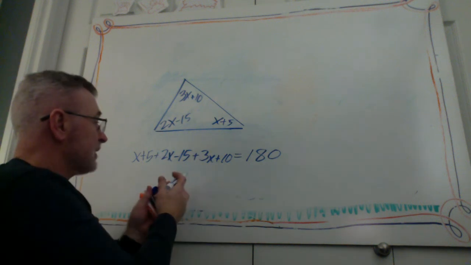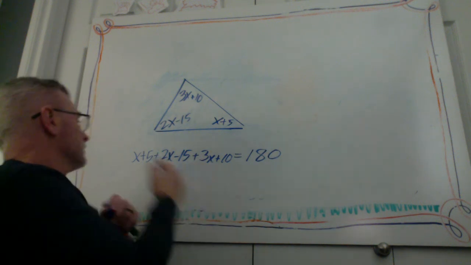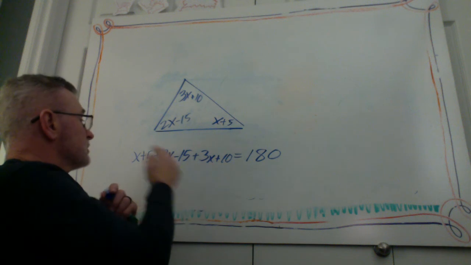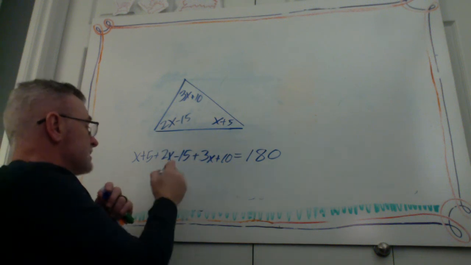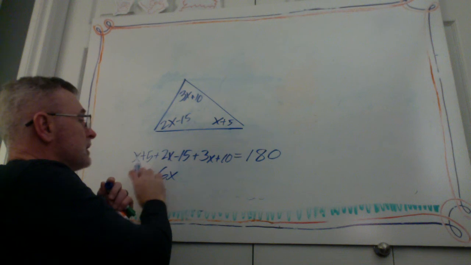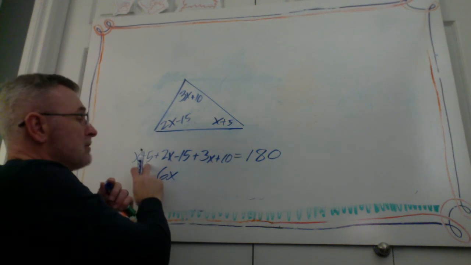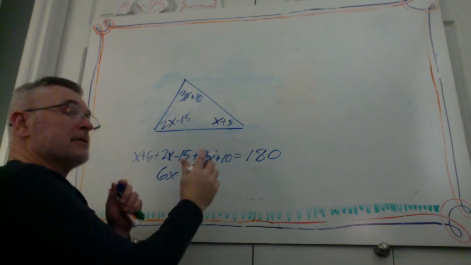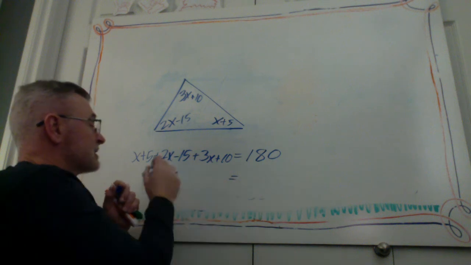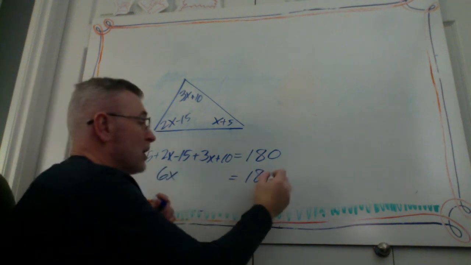Put the x's together, put the numbers together. Here we go, 6 x's, and 10 plus 5 is 15, minus 15 is 0. So that's actually 6x plus 0 equals 180.